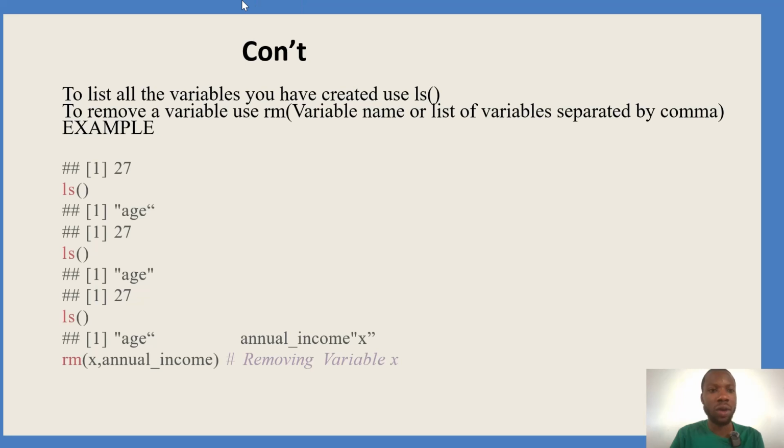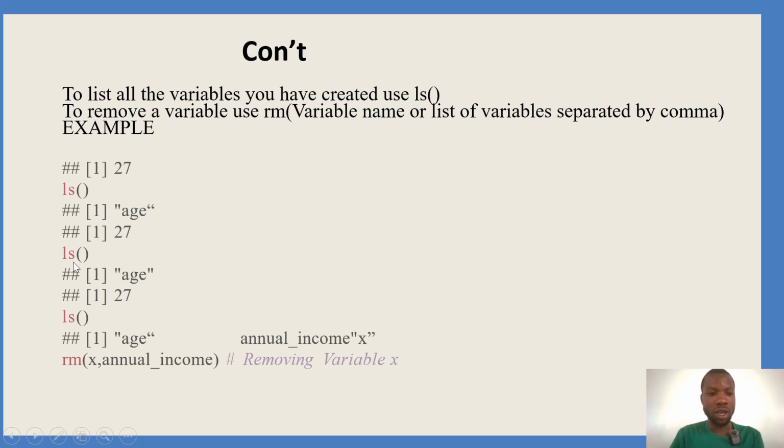To remove a variable you have already created, you use rm, which stands for remove, then open the bracket and put the variable name, or list the variables separated by commas.